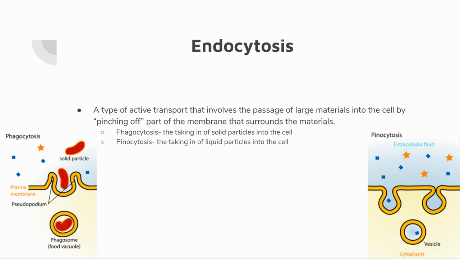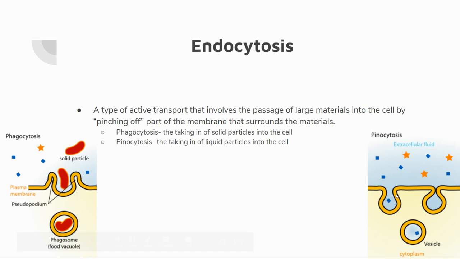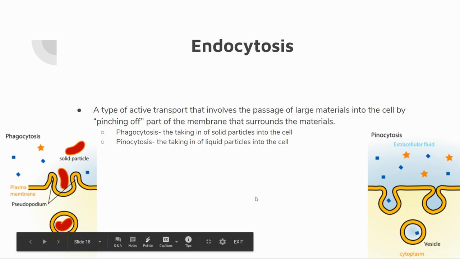So the cell membrane will literally pinch itself off to bring in whatever, whether it be solid or liquids, and create a vesicle, which is a phospholipid bilayer little vesicle made of the same thing that the cell membrane is made of. So, endocytosis, bringing things inside the cell.